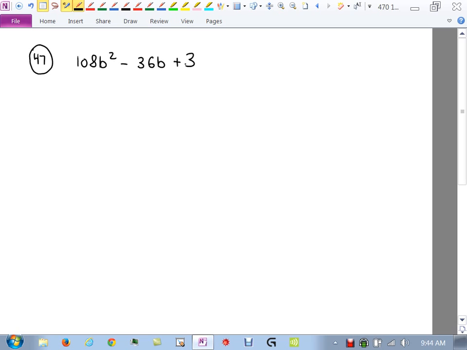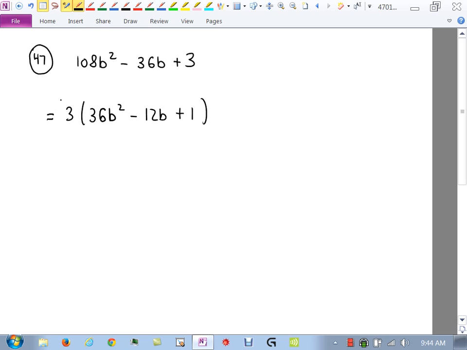All right. I'm seeing GCF here. I'm thinking that 3 goes into all of these. Does it? Yes. So 3 goes into 108 how many times? 36. So I have 36b squared minus 12b plus 1, right? Good.